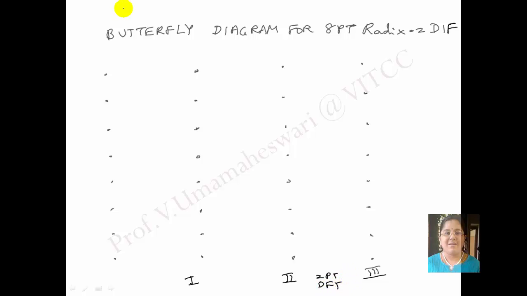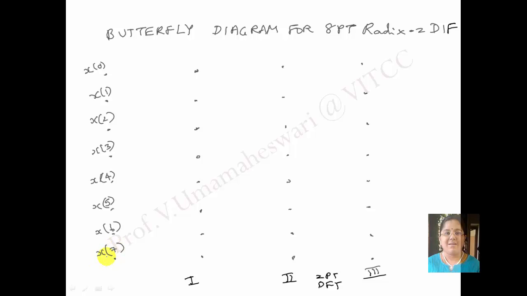As I mentioned before, our 2-point DFT will be the last stage in the decimation in frequency algorithm. So let us start drawing the butterfly diagram. Input is given in sequential order, so I am writing x of 0, x of 1, etc. up to x of 7.